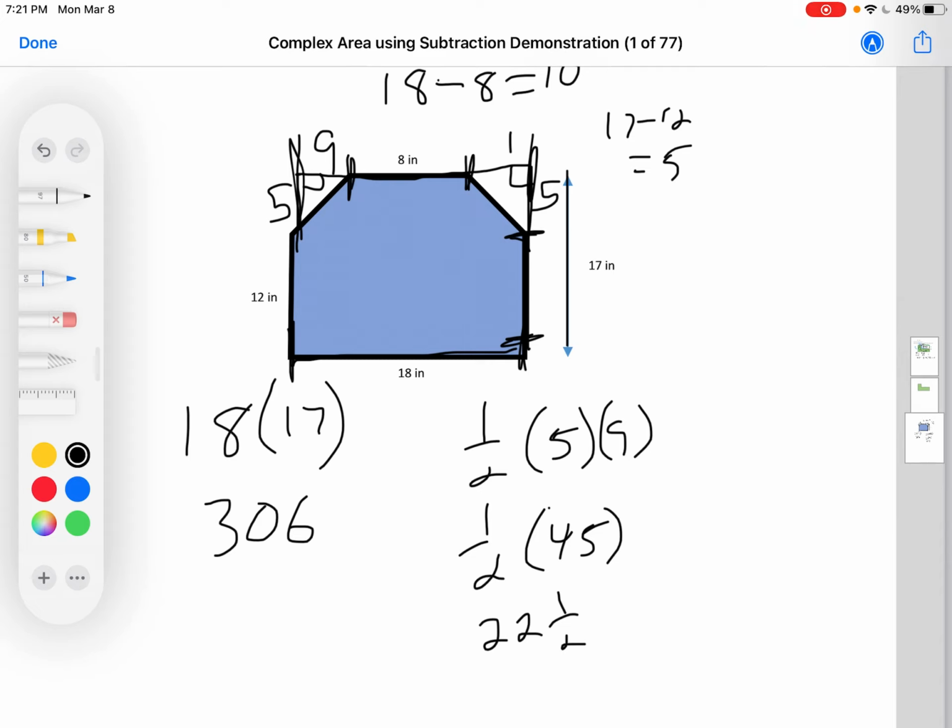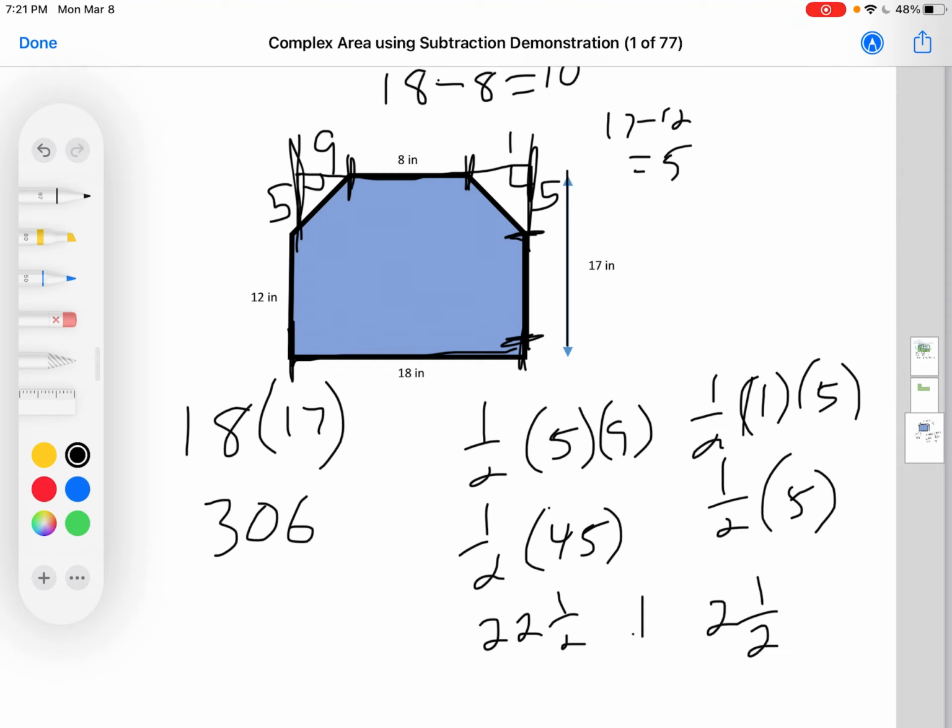The other triangle would be 1/2 times 1 times 5, which is 1/2 of 5, which is 2.5. Add those together and I still get 25.